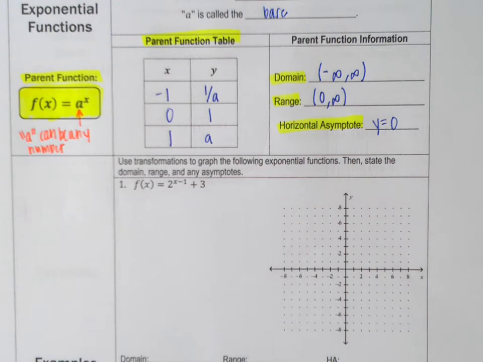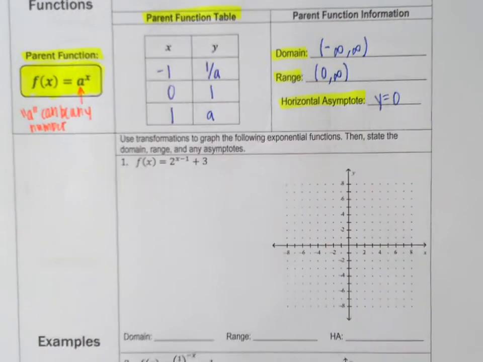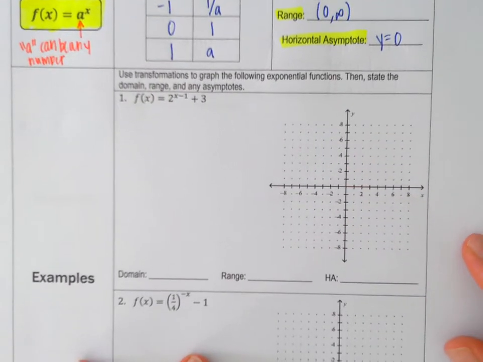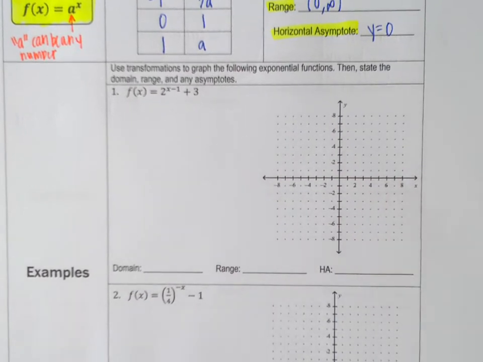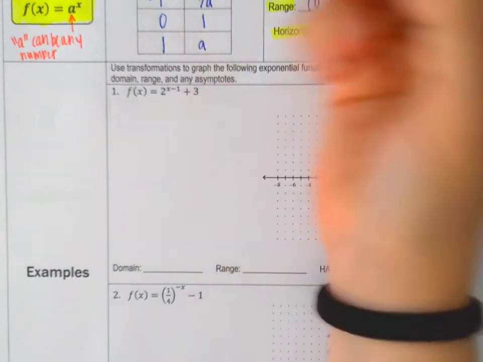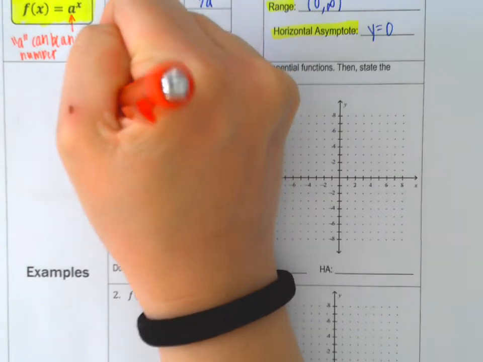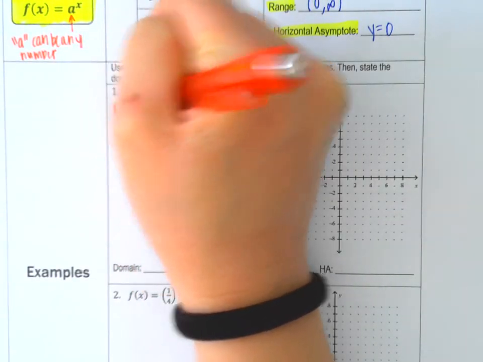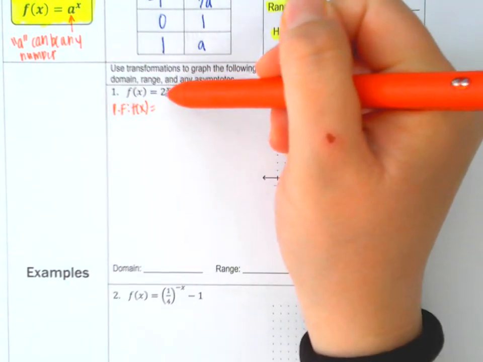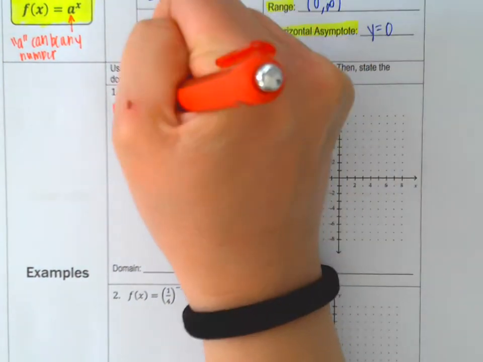So we're going to apply our transformations, and we are going to go through 1 and 2. First thing, whenever I'm doing transformations, I always want to think about what my parent function is. My parent function here is really just looking at what's the base, and the base is 2.